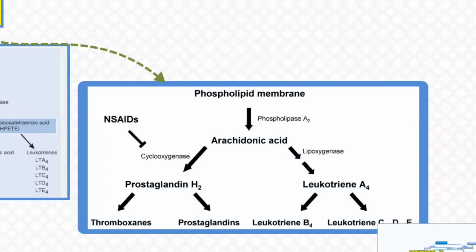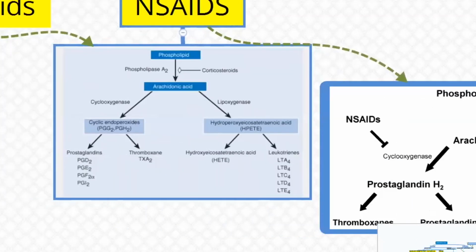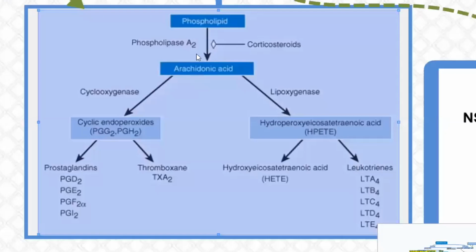Now come to the steroids. How do steroids affect this? As I said, there is a very important enzyme called phospholipase A2, which converts phospholipid into arachidonic acid, and steroids act on this enzyme. So if you are using a corticosteroid, it will affect phospholipase A2 and reduce the production of arachidonic acid.